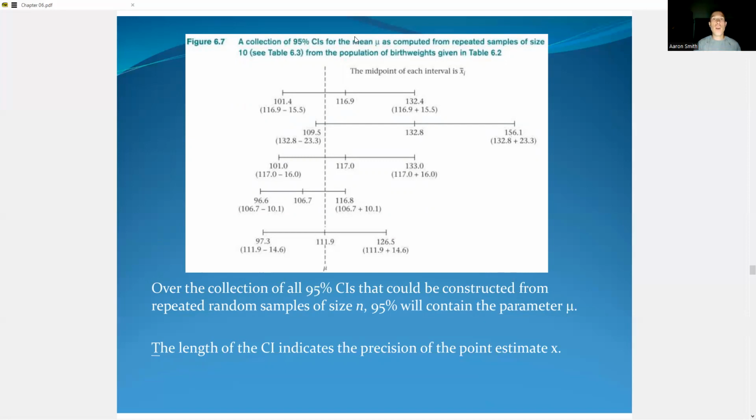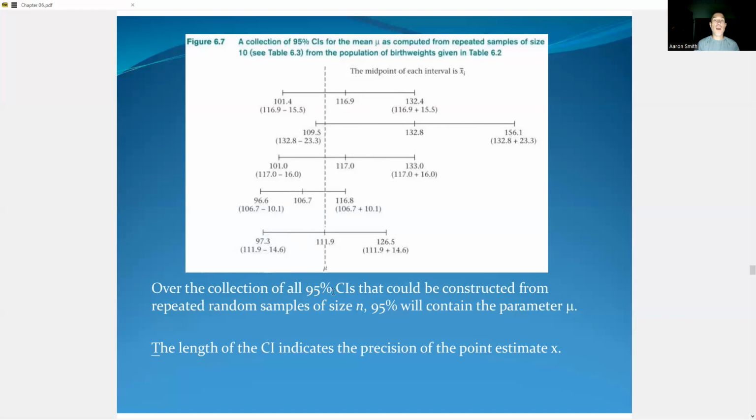In this first one, my point estimate was 117, then 132, 117, 107, and then 112. And here we can see the interval width. The wider it is, the less precision I have in my estimate. So even though I'm running things the same way and collecting my data, I don't get exactly the same value every single time.